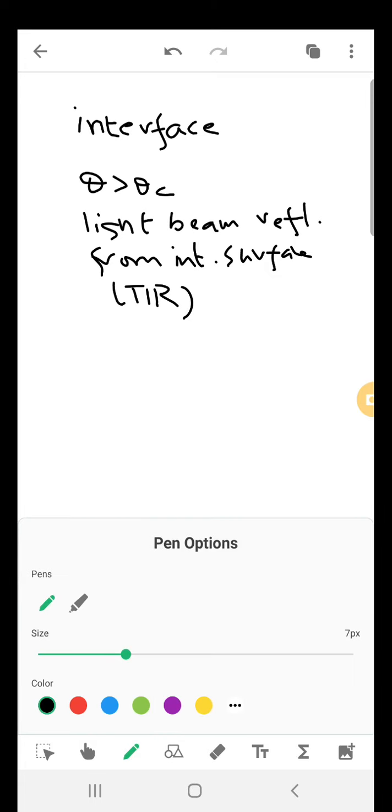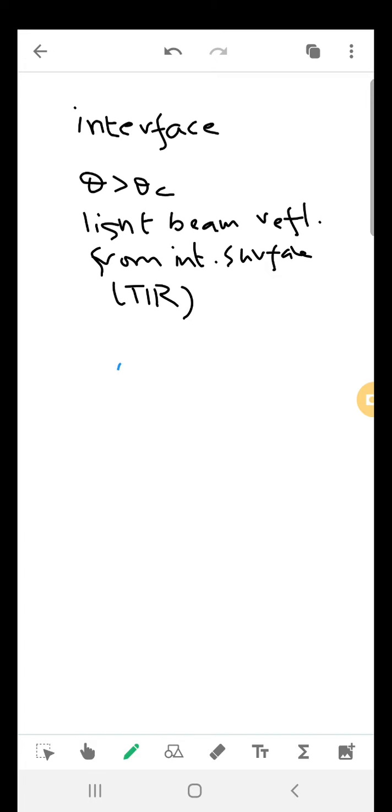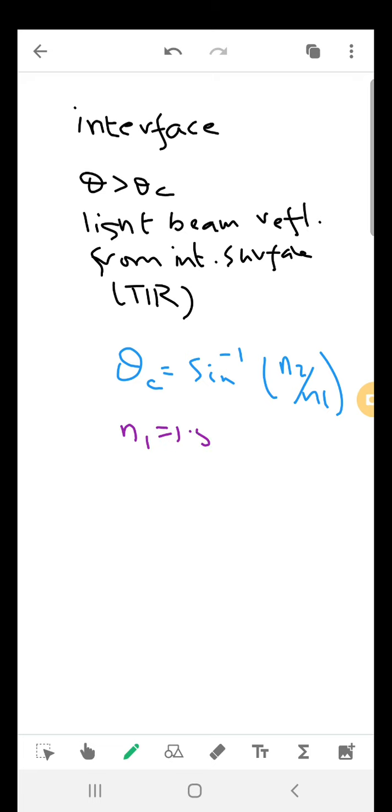This critical angle is sin inverse of the ratio of refractive indices of the two media, and usually n1 is 1.53 for standard glass, and n2 we take as 1.33, an aqueous buffer.